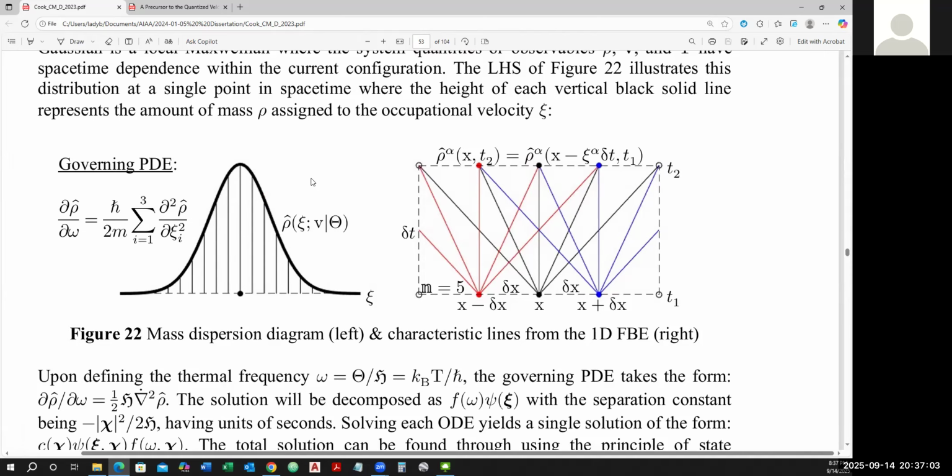So what we're looking for is how the number of particles, atoms, or molecules within each occupational velocity changes over time. The velocities over the time step don't change. Those are all quantized. The number of particles occupying those velocities is what is going to change.